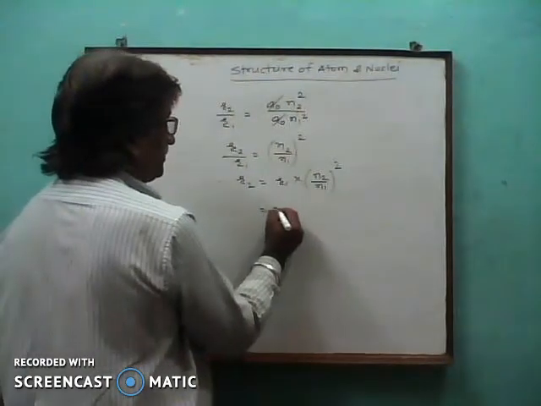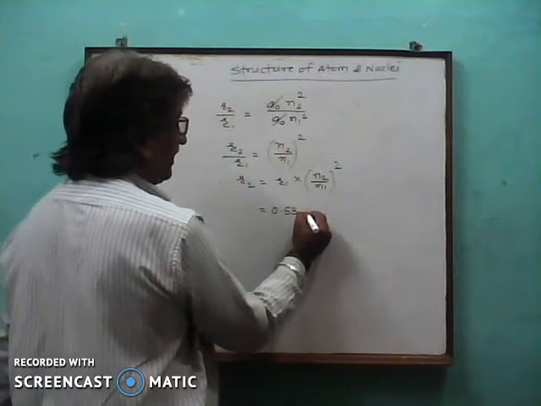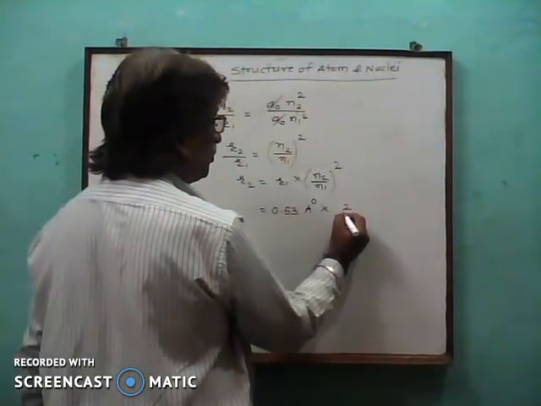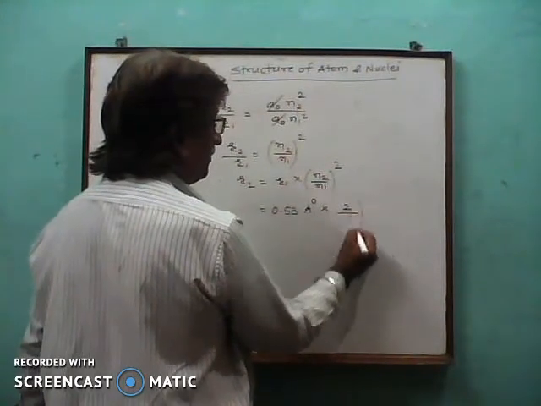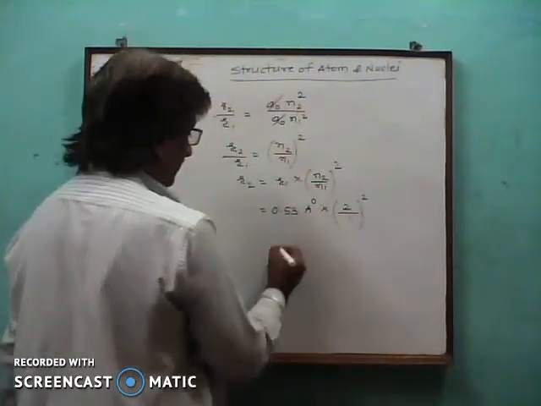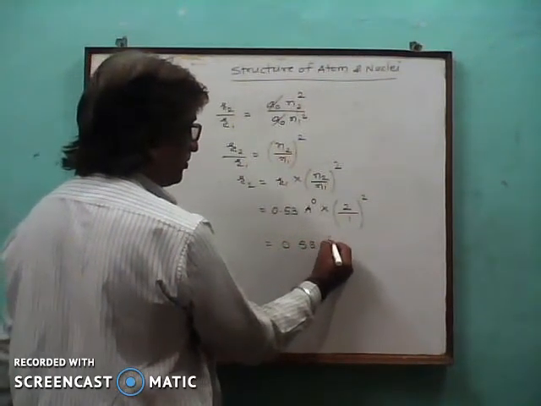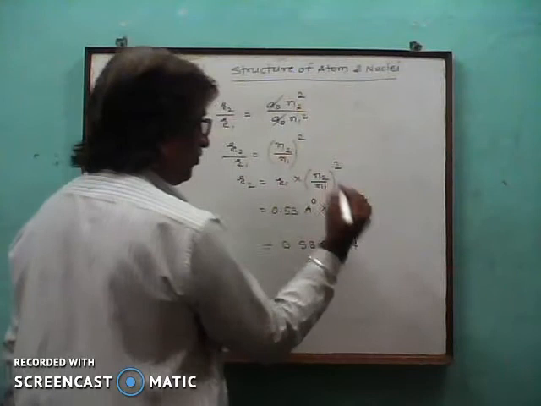If we substitute the values here, for r1 0.53 angstrom unit multiplied by, for n2 2, n1 1, bracket square, it will be 0.53 angstrom unit into 4.